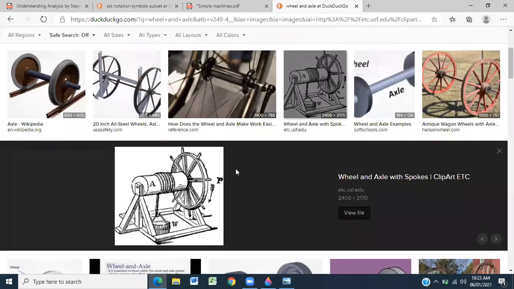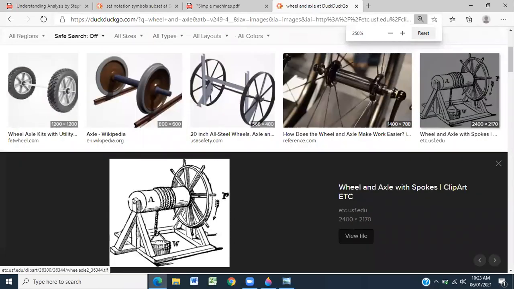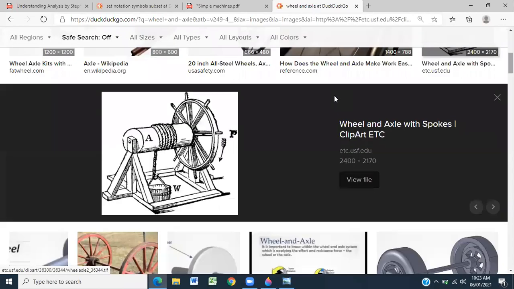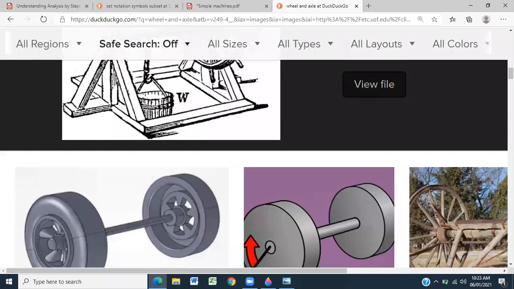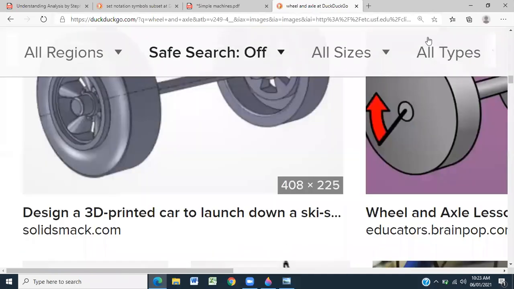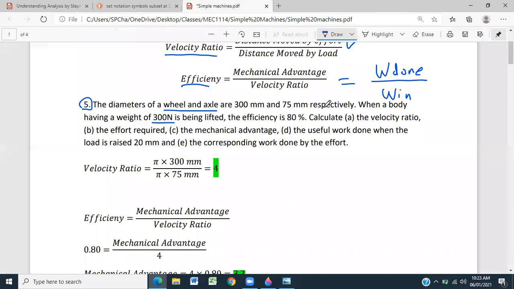You guys can see. Something like this with a handle. That's essentially what a wheel and axle is. Right, good. So now, how would we go about finding the velocity ratio with this?